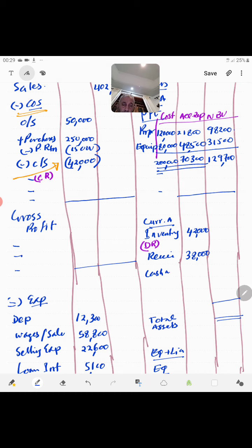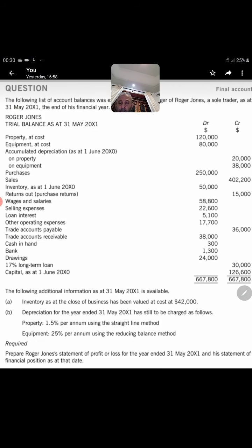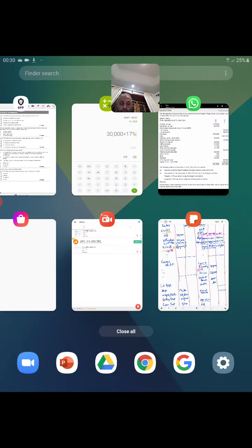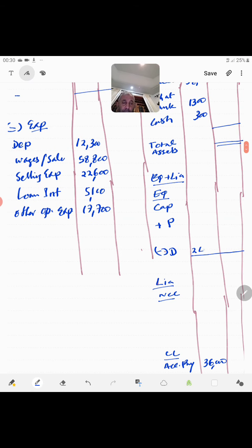We have to write cash at bank 1,300 first and then cash 300. Remember, this is the liquidity order. Then drawings 24,000, which you have to take here as minus.